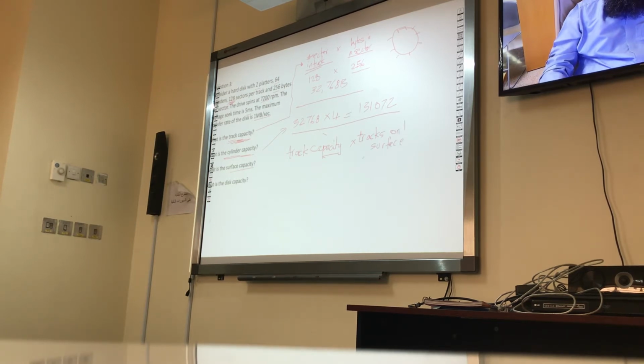Okay. So track capacity, I know it's 32,768 multiplied by how many tracks on one surface? How many tracks for this drive are there on one surface?